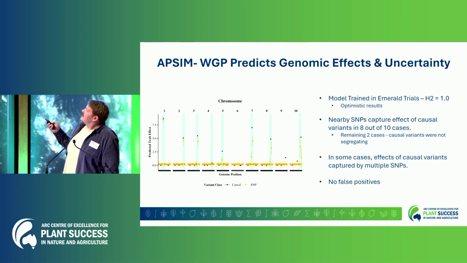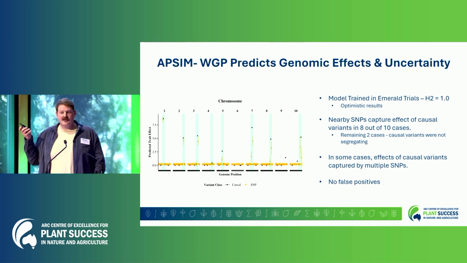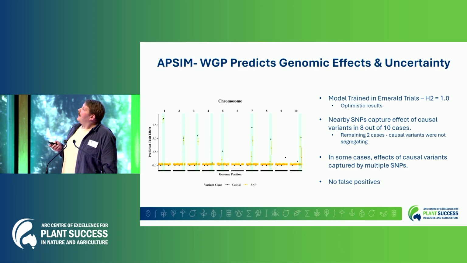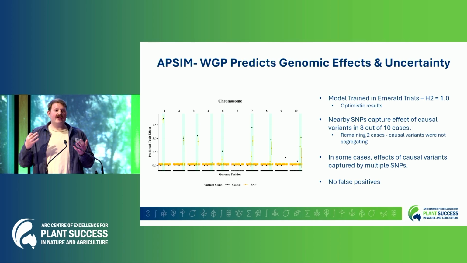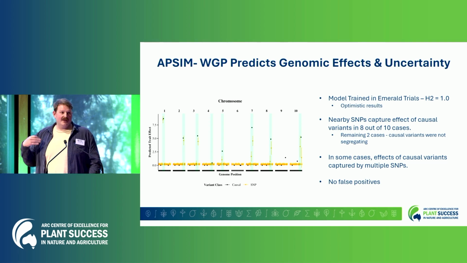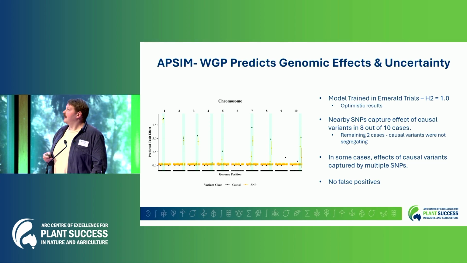In the orange, these are the predictions of the effect that would relate to a trait. This was phenology or maturity that you're looking at here. Just to put a caveat, we've got very well measured plots for yield, so it's going to be a situation where you've got more genetic signal than noise, so maybe an optimistic scenario.